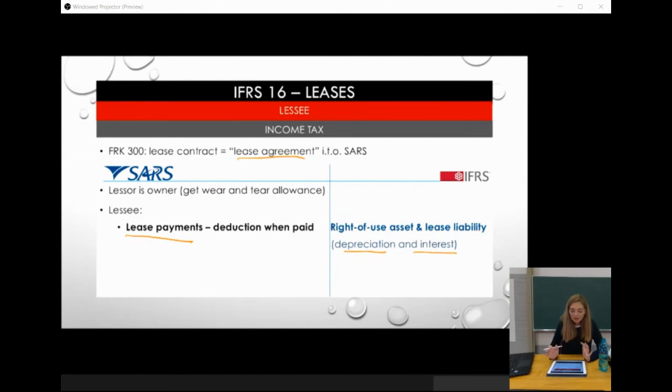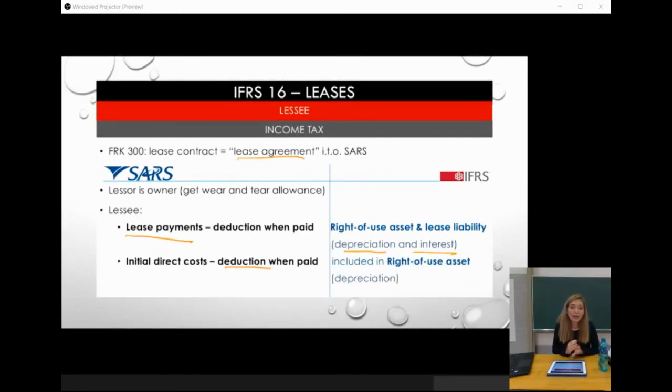Good. So you see that we've got these differences, and then we will also have differences when we have initial direct costs. Initial direct costs for tax purposes will be deducted when it's paid, and we'll tell you in a question that the initial direct costs can be deducted at the date of payment.